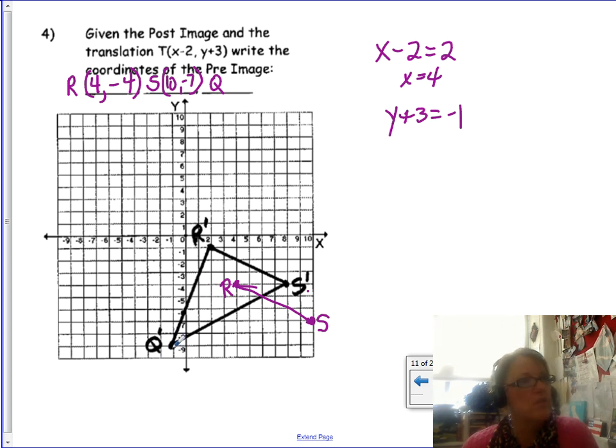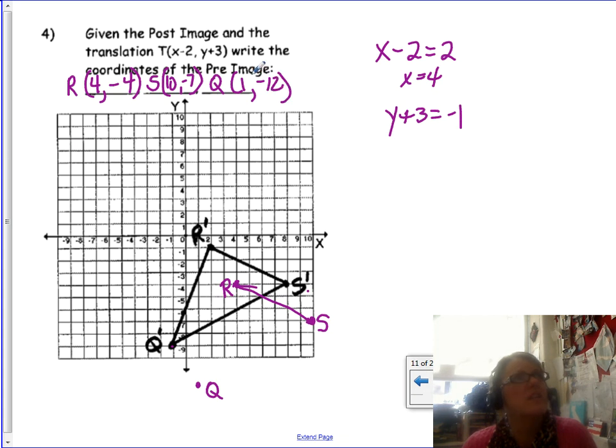All right, Q. Now this is going to be a little tricky because I'm going to fall off the grid. I have to go basically to the right 2 and down 3 for my original, because when I transform Q by going 2 to the left and up 3, this is where I have to land. Yes, my original Q is going to be down here at the point 1, -12.